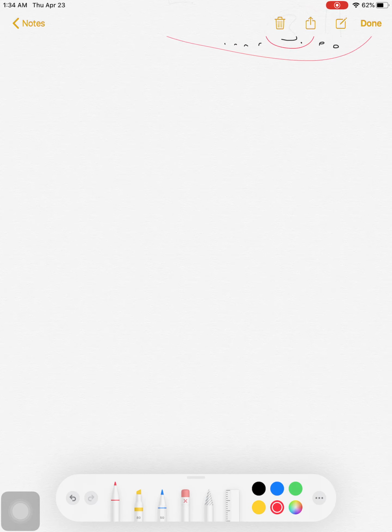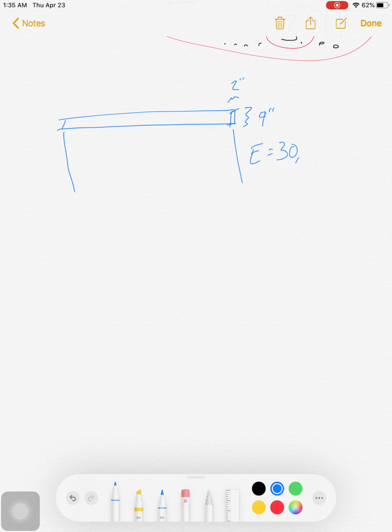So let's do a couple quick practice problems. Let's say we have a factory and there's a beam on the roof. We'll say this beam is 4 inches tall and 2 inches wide, and it's made out of steel. So we'll say our modulus of elasticity is 30 million psi.